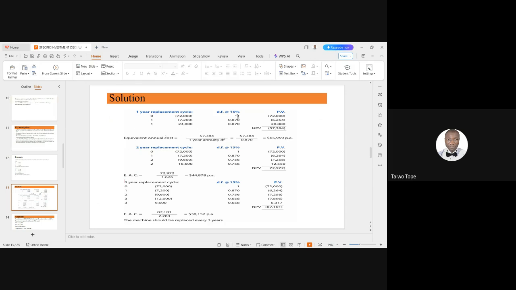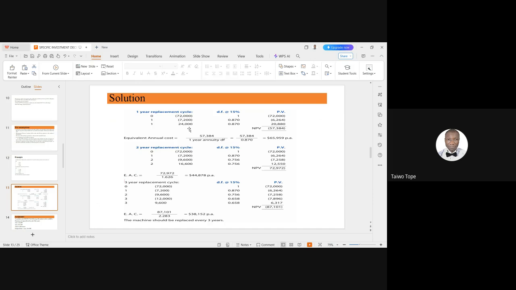Now, applying the discount factor of 15%, for year 0, 1 multiplied by 72,000, you have 72,000 as the present value. For year 1, the discount factor at 15% is 0.870 multiplied by 7,200, you have a present value of 6,264.